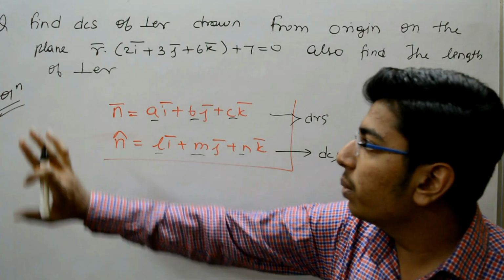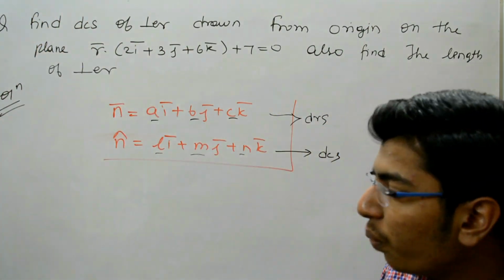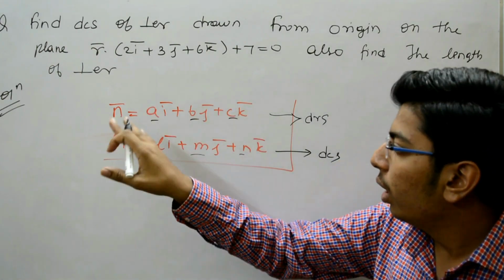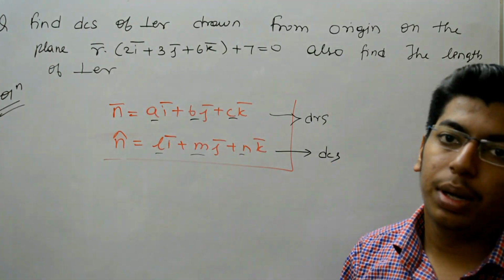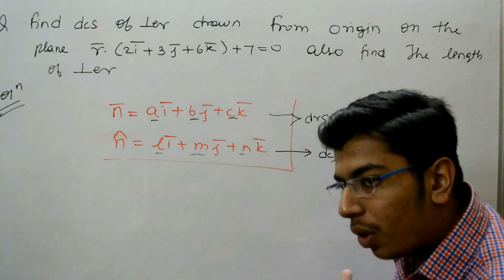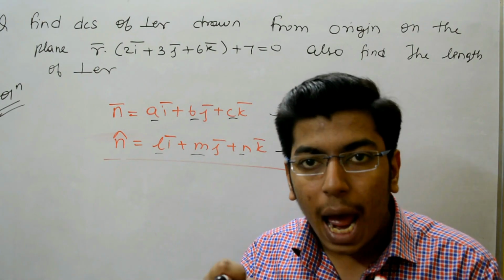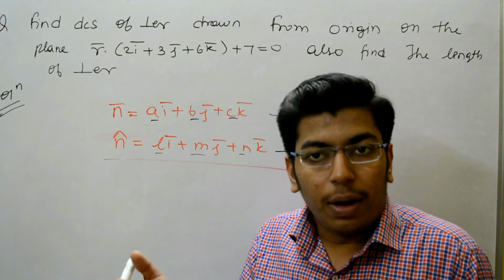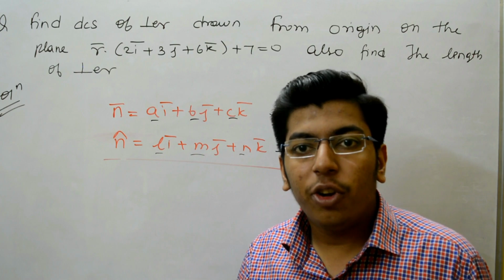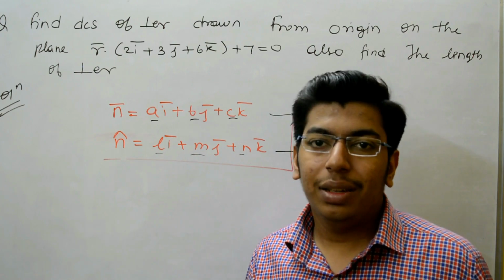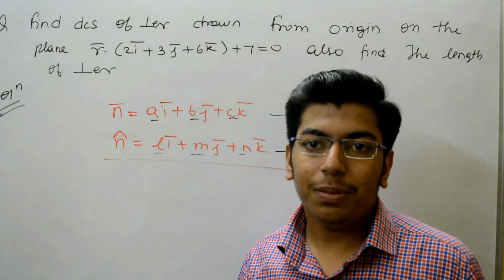So from this problem, we have to find out the coordinates of n cap. To find out the coordinates of n cap, we have to find out n cap. Once we have found n cap, then p we will automatically get.